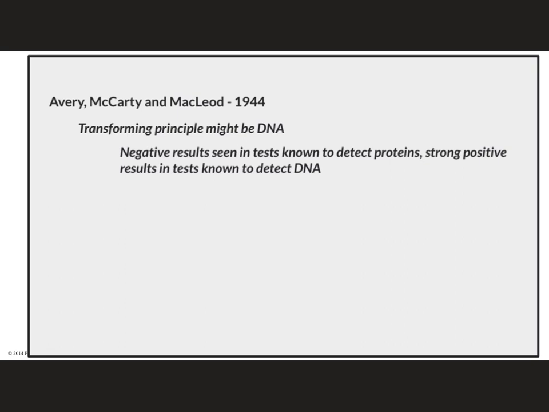Through other tests, they found that the composition of the purified transforming principle very closely resembled DNA in its ratio of nitrogen and phosphorus. Finally, they found in their experiments that RNA and protein degrading enzymes had little effect on this transforming principle, but enzymes that degraded DNA eliminated the transforming activity altogether.